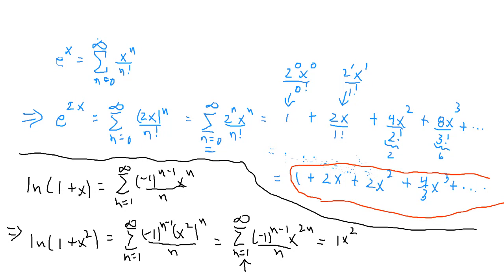So 1x squared, and the next term is a negative x to the 4th over 2. Next term is positive. That would be x to the 6 over 3, and then so forth.